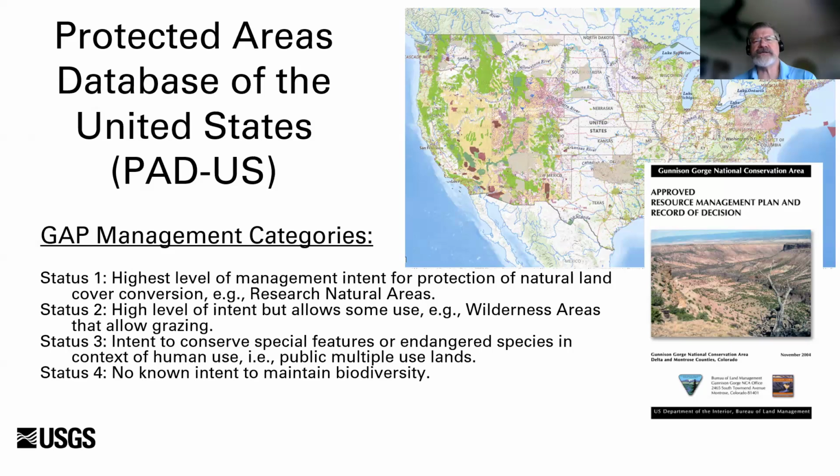And what that is, it identifies the ownership of all the lands within the US. And then what we try to do is we go back in and use resource management plans and documentation to see what is the intent of the management on those lands.